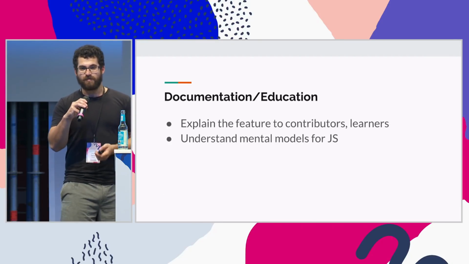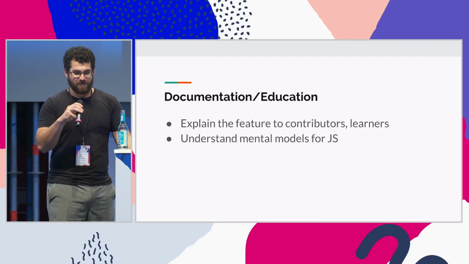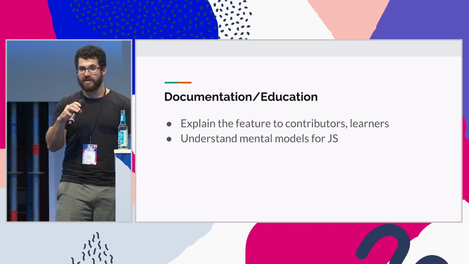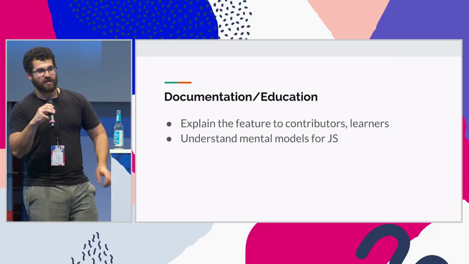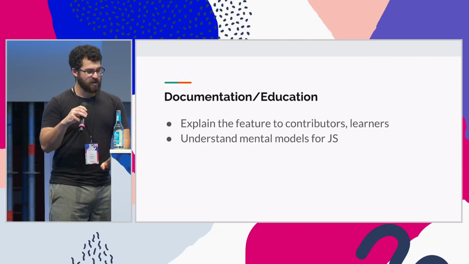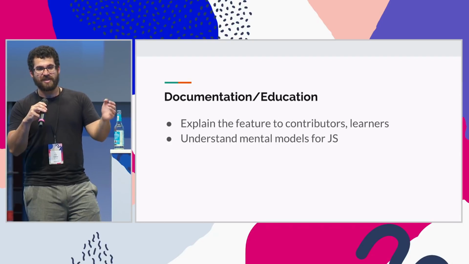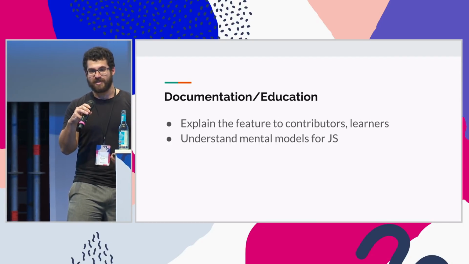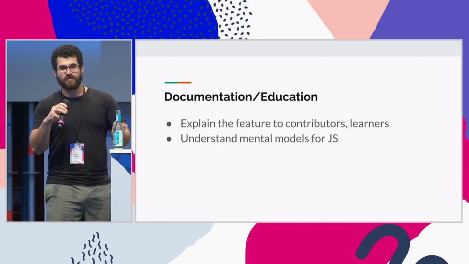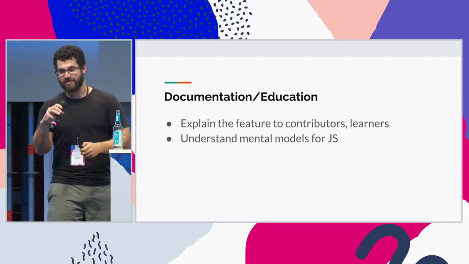We're also happy to have help on documentation and education. So with this README file, a number of people contributed, and it's really important to understand the different mental models that JavaScript programmers have. People aren't programming thinking through the entire specification, and different people have different mental models. So this is especially useful. We try to compare a bunch of different ways of thinking through code when designing language features.